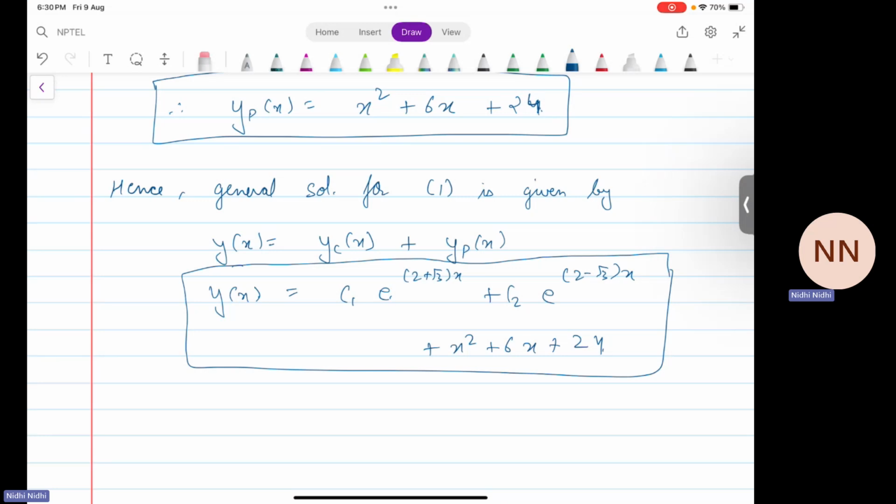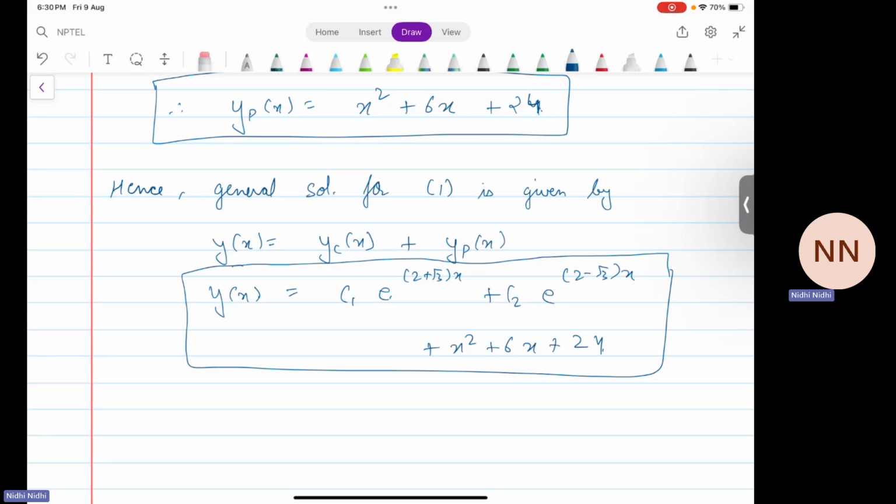So I hope all the steps were clear enough. The method we have used here is exactly the same as what we had done earlier. Firstly we start with finding the complementary function, that is the solution to the corresponding homogeneous equation, and for that we find the roots of the auxiliary equation, and on the basis of the type of root that we have, we get the complementary function. The next aim is to find the particular solution. While using the method of undetermined coefficients, we take some function with arbitrary coefficients that we would be deducing further.